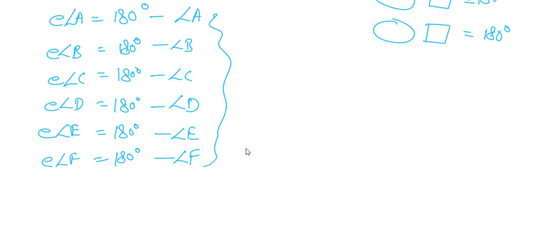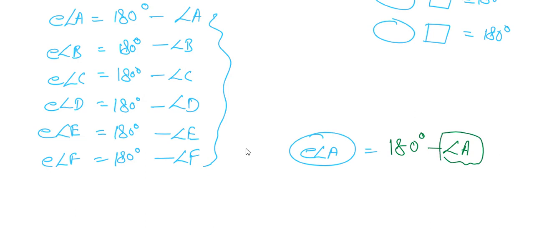If I determine E of A, I would have all of E of B, C and D. So I have to determine just the external angle of A. It is nothing but 180 degrees minus angle A. So if I just determine angle A, wouldn't my question be solved? Can you just tell me?